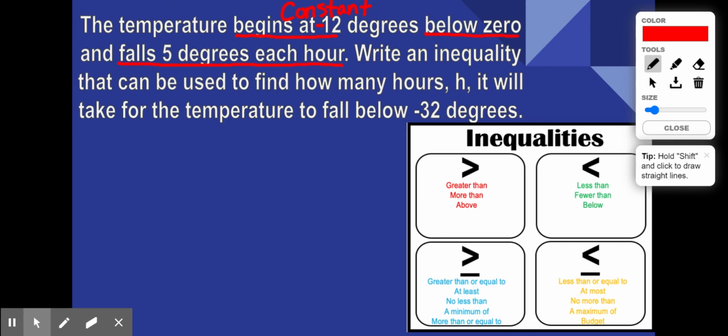If we're falling, again, we're negative because falling means we're subtracting. So our 5 degrees needs to be negative. But that's 5 degrees each hour. That's one of our key words that we're looking for that tells us our 5 is part of our variable term.